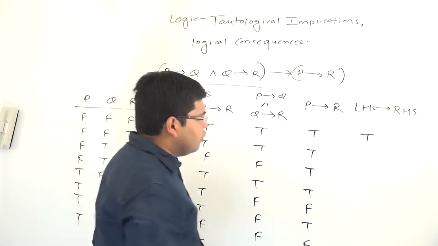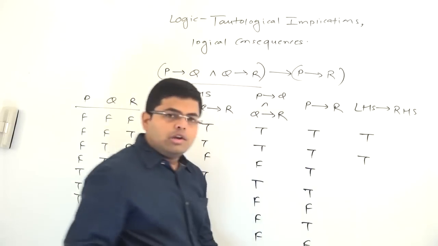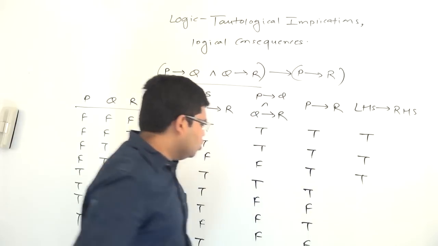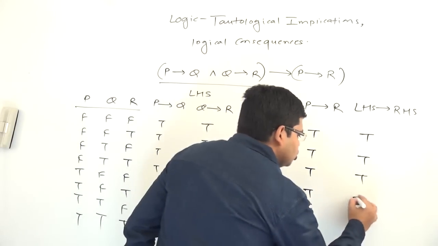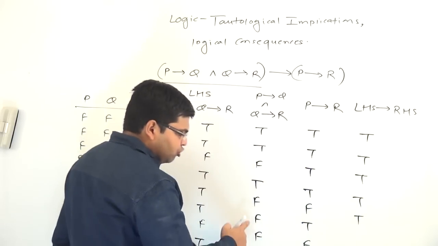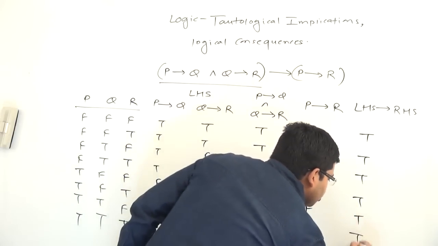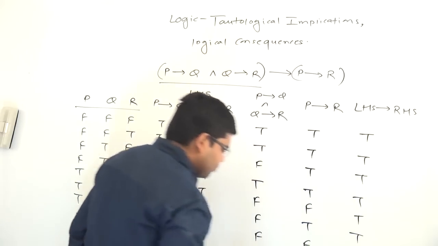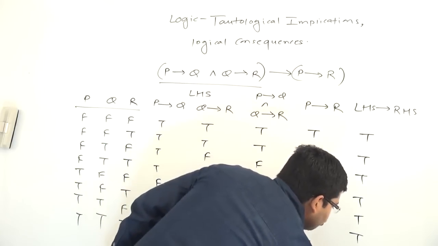True implies true will again be true. False implies true will be true. True implies true, true. False implies false will be true. False implies true will be true. False implies false will be true. And true implies true will be true.